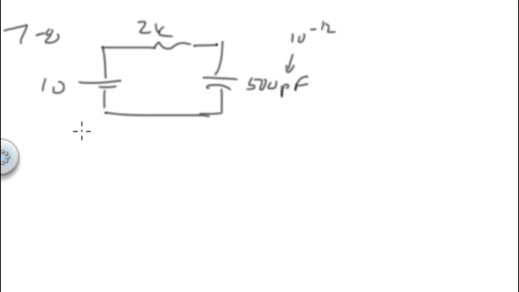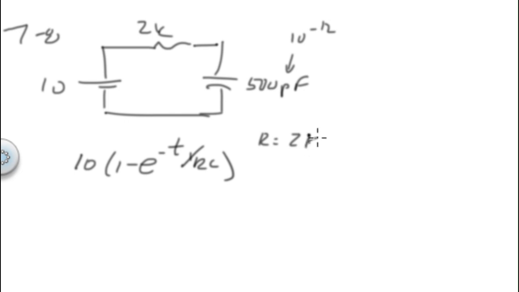So again, voltage is 10 times 1 minus e to the minus t over RC, where R is 2,000 or 2K, and C is 500 times 10 to the minus 12th. So write the equation for the voltage and sketch the waveform. It's the same sketch we had before. Write the current.